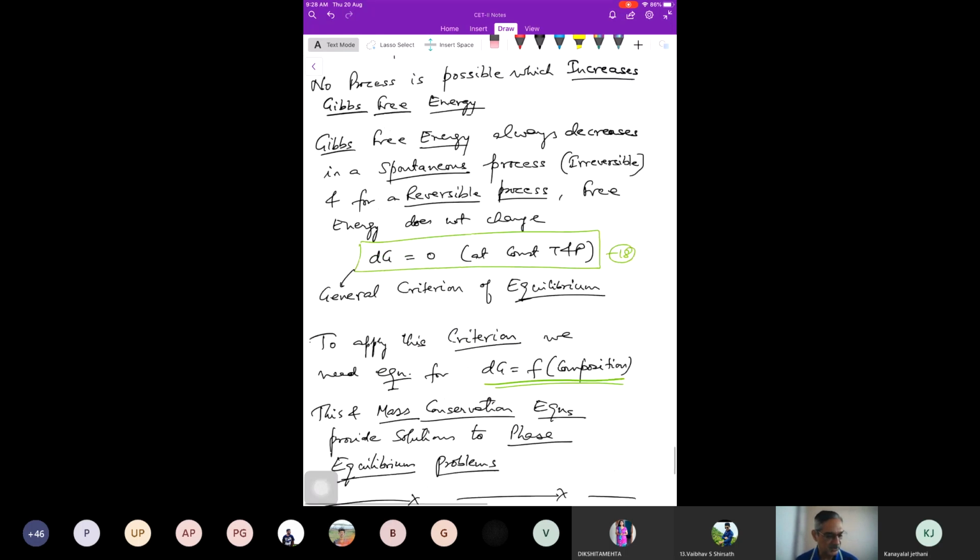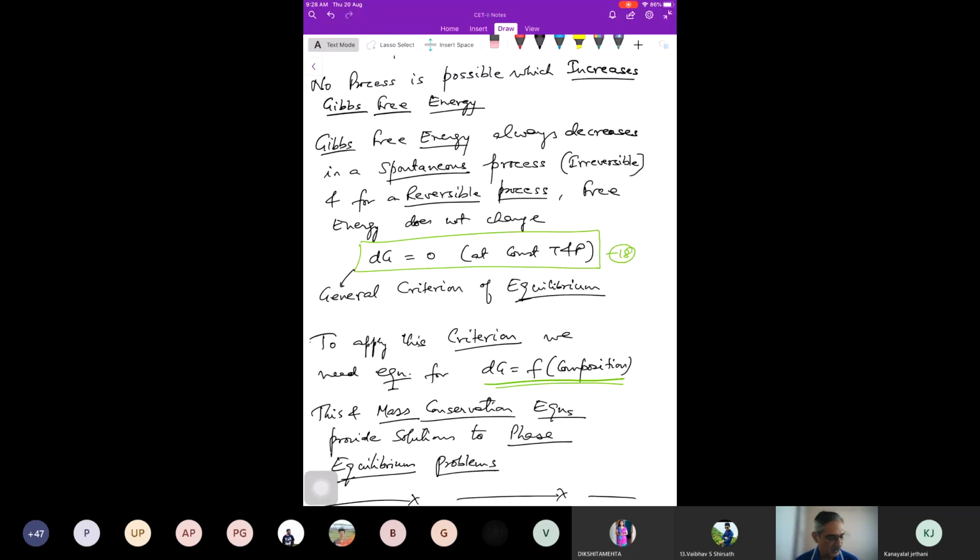Now in order to apply this condition, we need equations for dG. We need to find out dG, right? If we want to test for a reaction or for phase equilibrium, we need to find the value of G, or change in Gibbs free energy, as a function of composition, right?